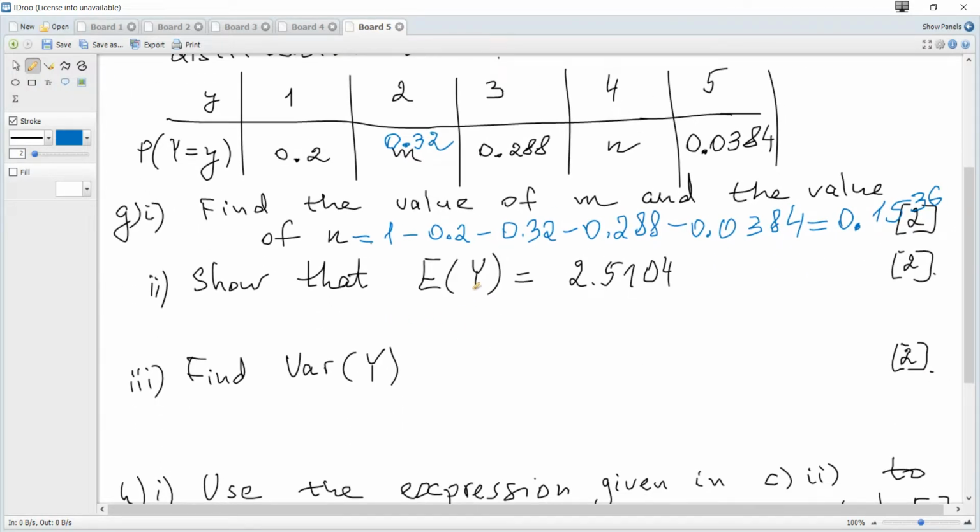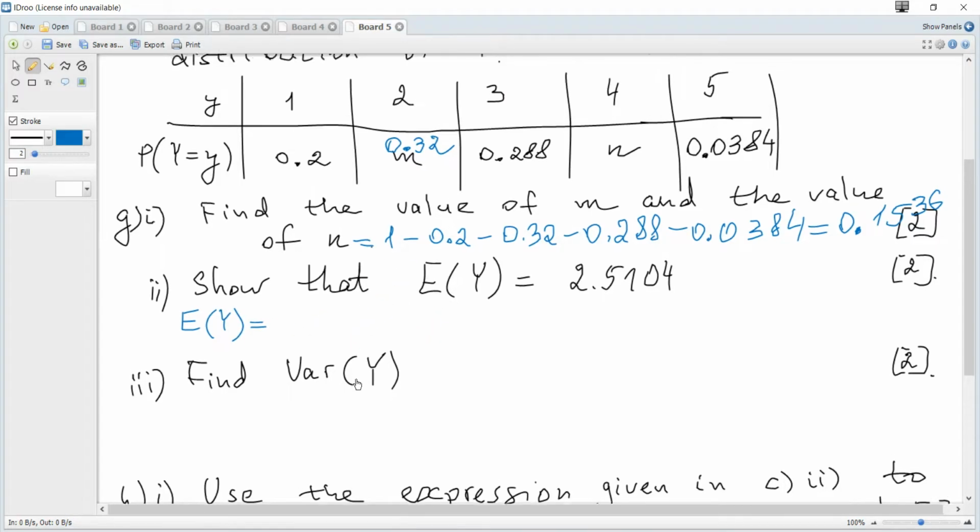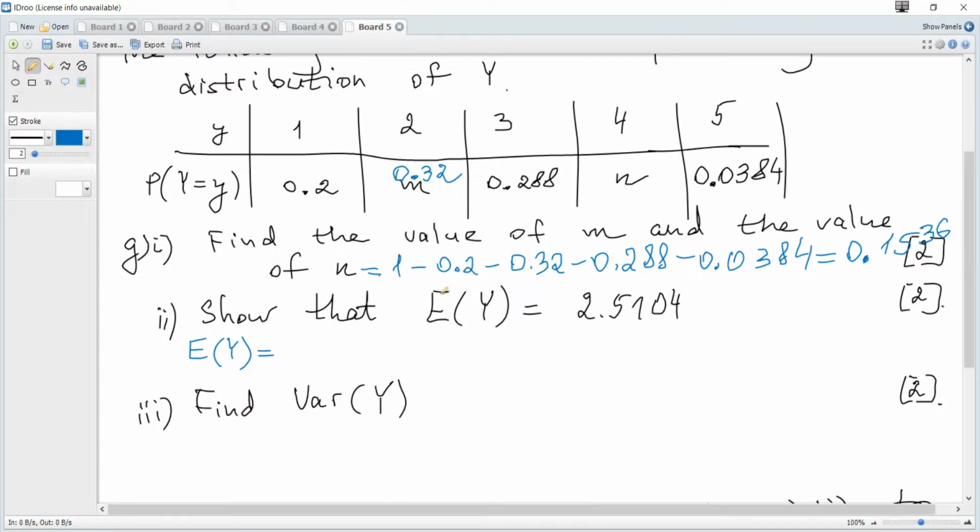Show that expected value of y, or mean of y, is this value. Expected value, just apply the formula. It is given in a data booklet, and it's the sum over all possible values of y, and y multiplied by the corresponding probability.